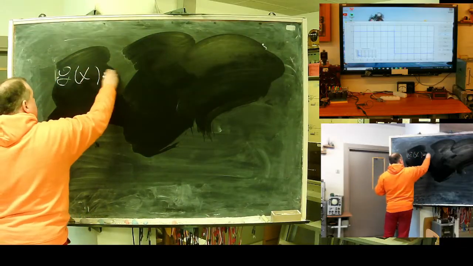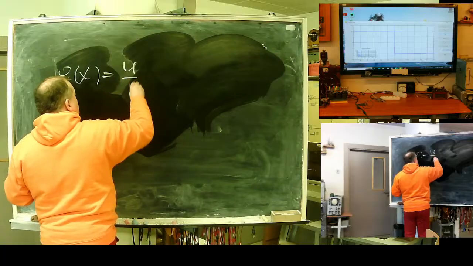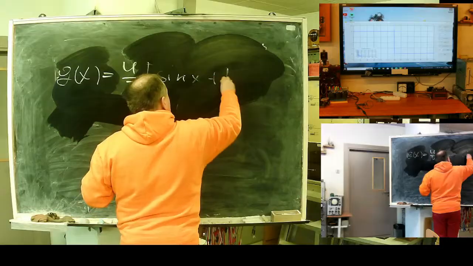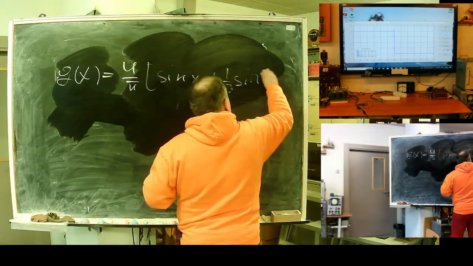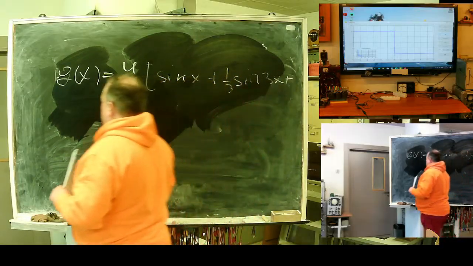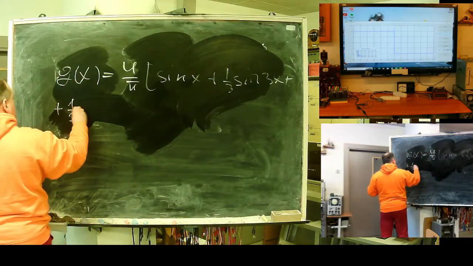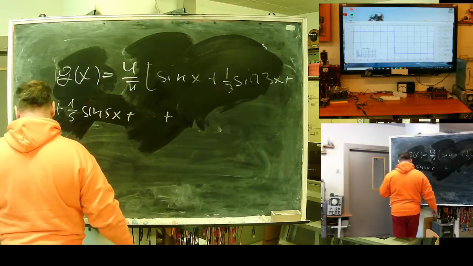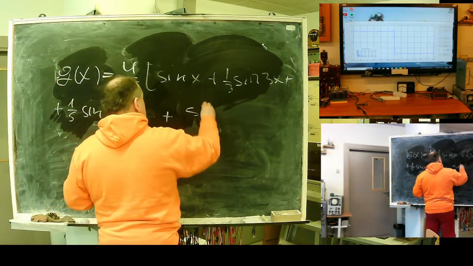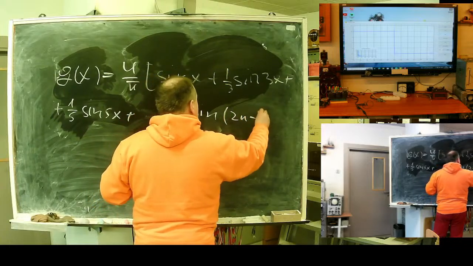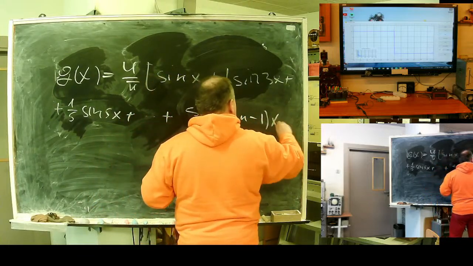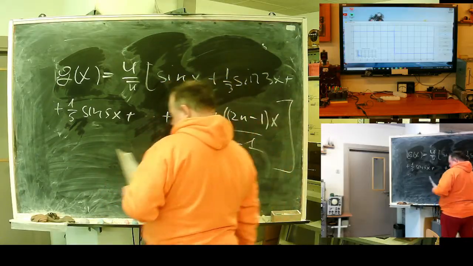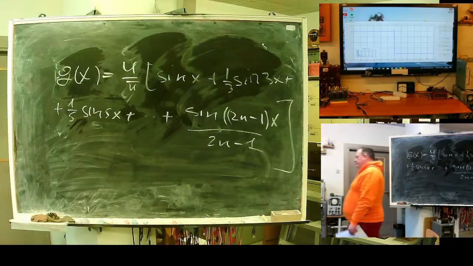The Gibbs function can be substituted as 4 divided by pi multiplied by sine x plus 1/3 sine 3x plus 1/5 sine 5x plus ... plus sine of (2n minus 1)x divided by (2n minus 1). We saw it.